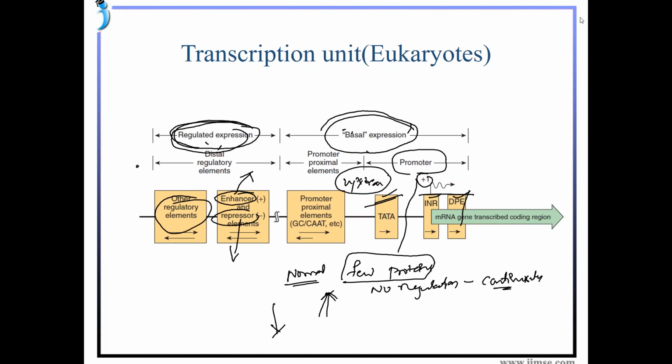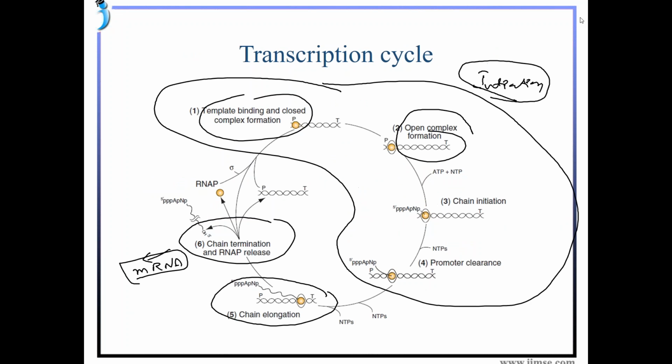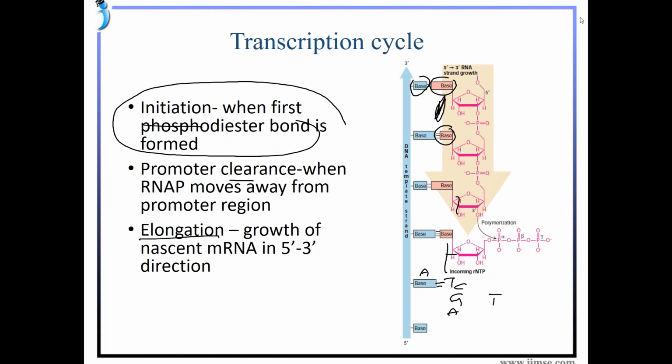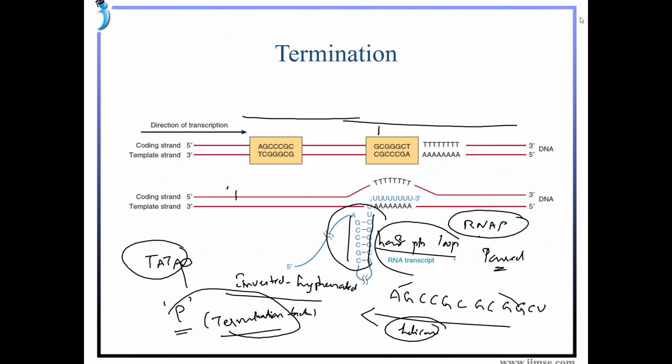You should also know that the promoter region extends both downstream and upstream in eukaryotes. And you should remember when you call it promoter clearance and when you say transcription has been initiated. Not just adding the first nucleotide, the first phosphodiester bond should be formed, then you call it initiation.